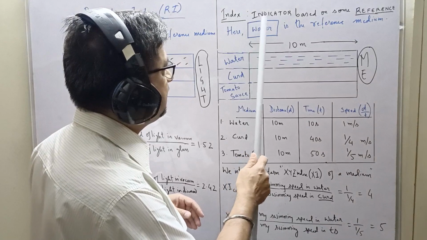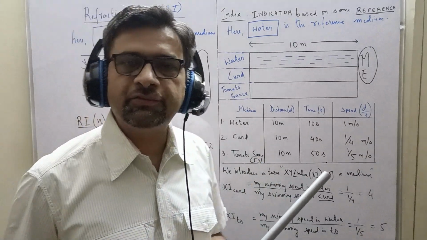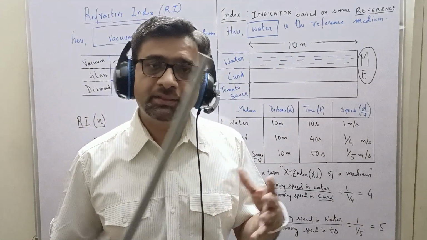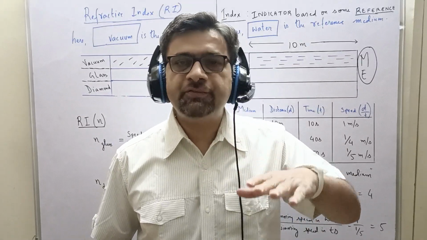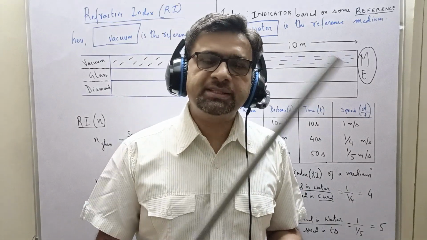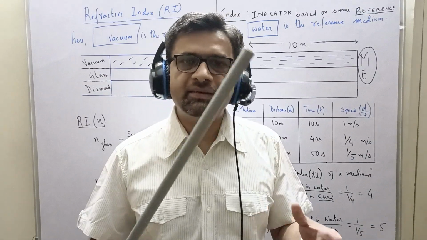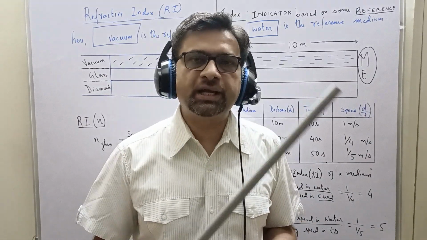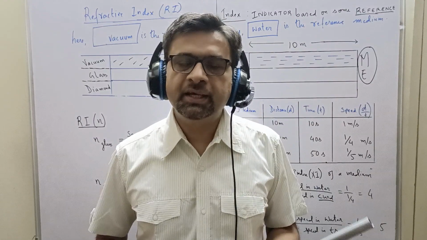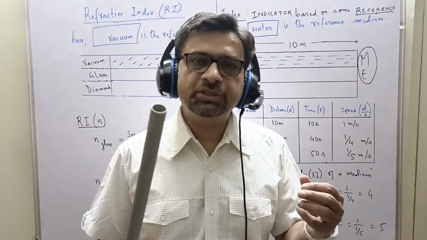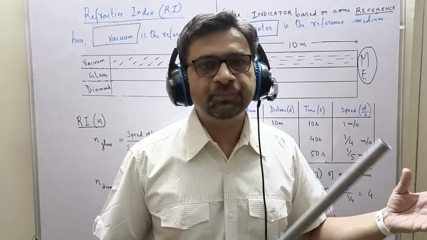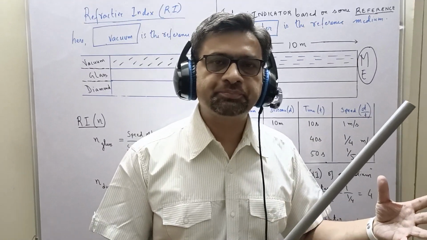Index is an indicator based on some reference. Health index, poverty index. Well, an index is based on some reference. Let's say a train is supposed to arrive at 11 a.m. That's a scheduled arrival, 11 a.m. So that's the index. Now, if it arrives at 10:30, we talk about the train arriving before time, 30 minutes before time.